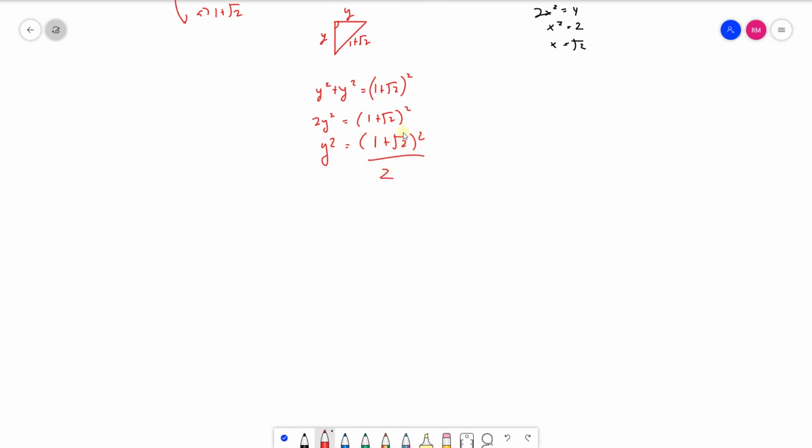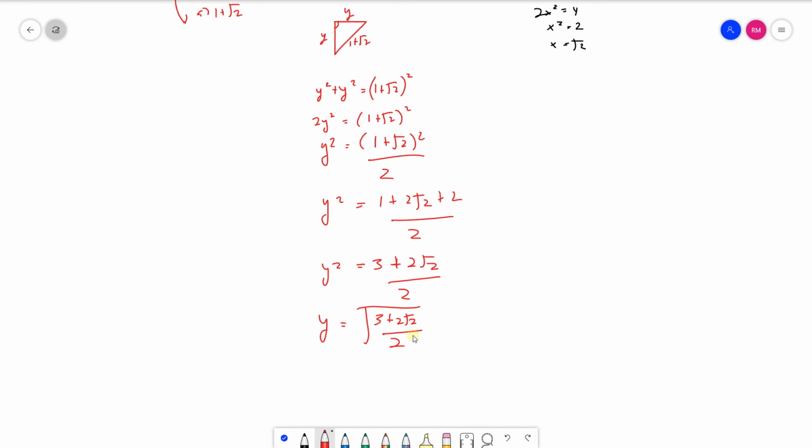If we expand the bracket, it's going to be 1 plus 2 surd 2 plus surd 2 times surd 2, which gives us 2, over 2. So y square is (3 plus 2 surd 2) over 2. So y is going to be the square root of (3 plus 2 surd 2) over 2.